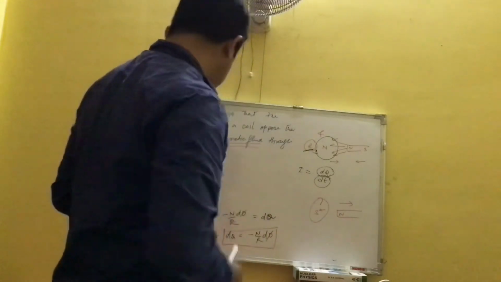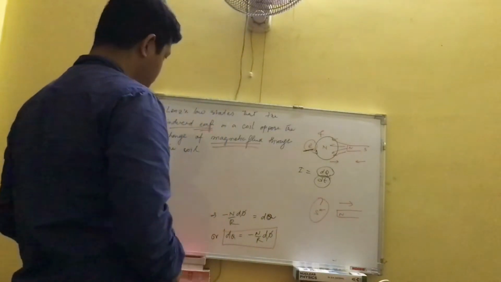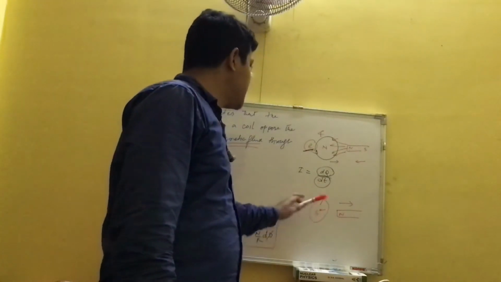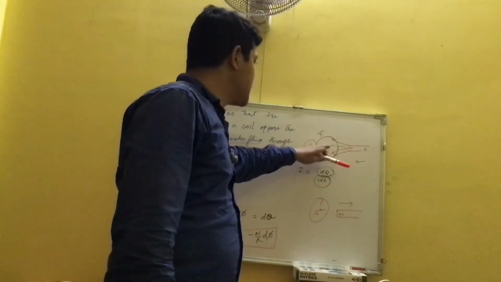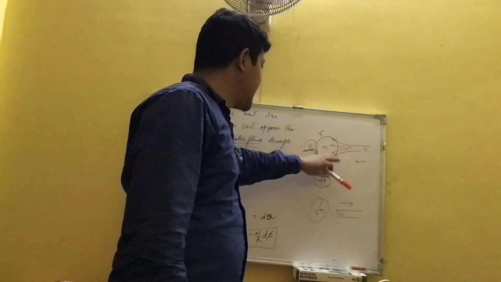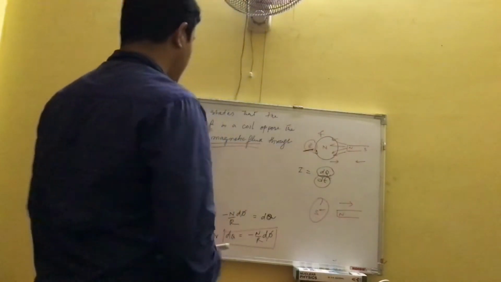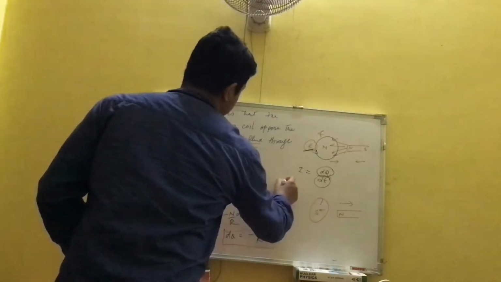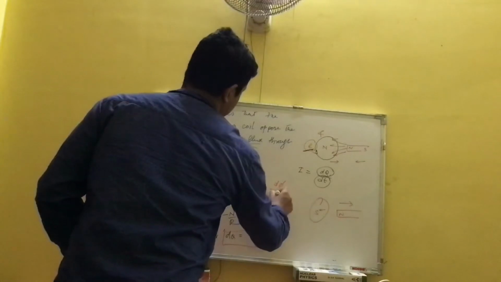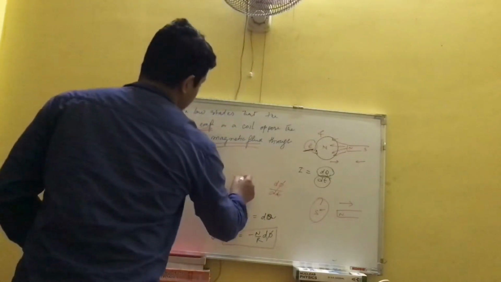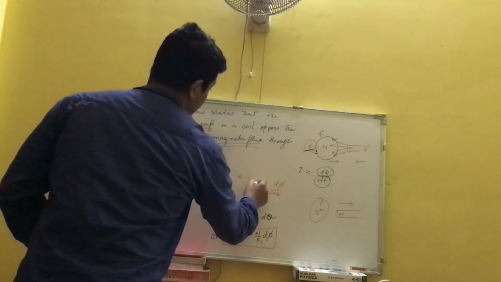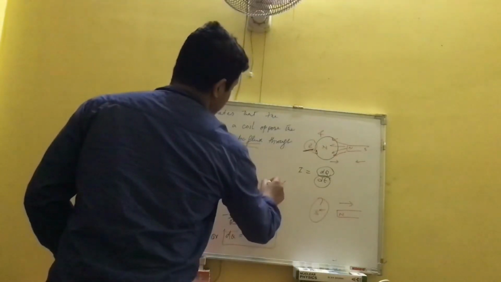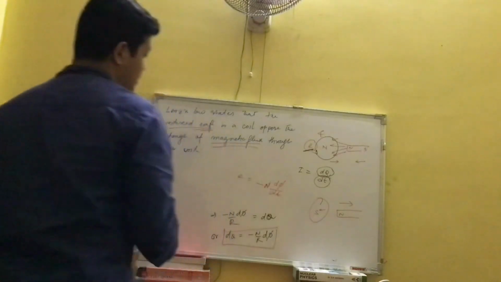Then here you see, this happens to oppose this change in magnetic flux, isn't it? And the rate of change of magnetic flux is given by d phi by dt. So that's why E is equal to minus d phi by dt. If there are n number of turns, then there should be n.